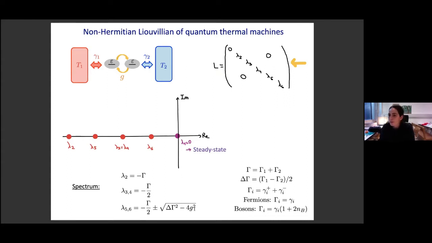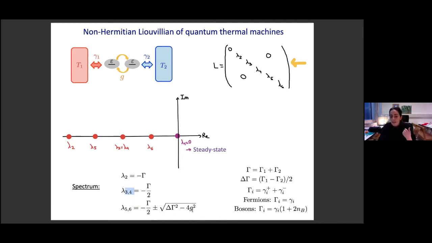So now, if we just do math, we can play a bit with this spectrum. What you can see is that if G takes a special value such that what is under the square root is equal to 0, then lambda 5 and 6 will be degenerate, both minus gamma over 2, and they will also be degenerate with lambda 3 and 4.